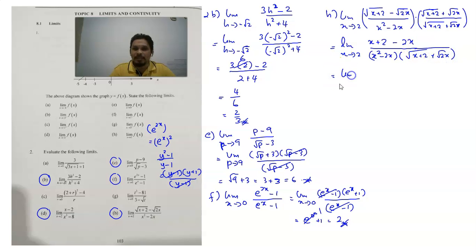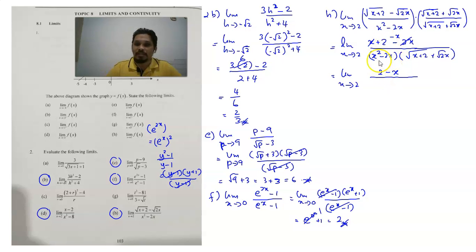Then, in the limit as x approaches 2, x minus 2x equals negative x, so the numerator comes out as 2 minus x. Okay, x minus 2x comes out as negative x, so 2 minus x.